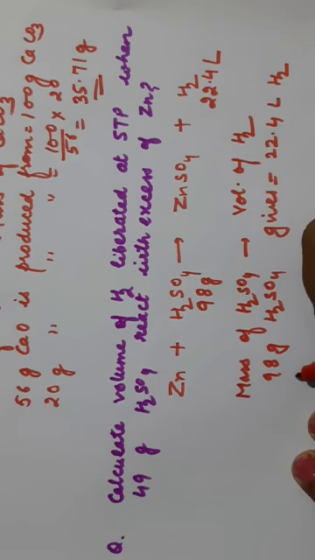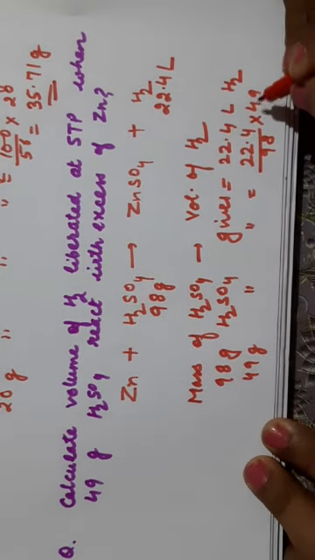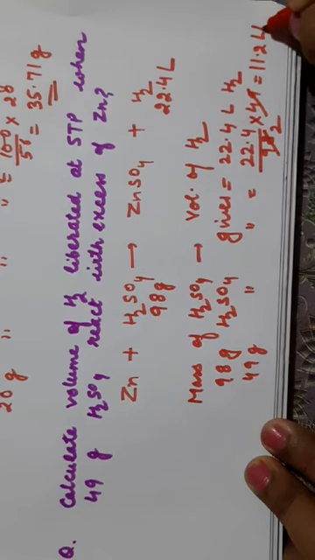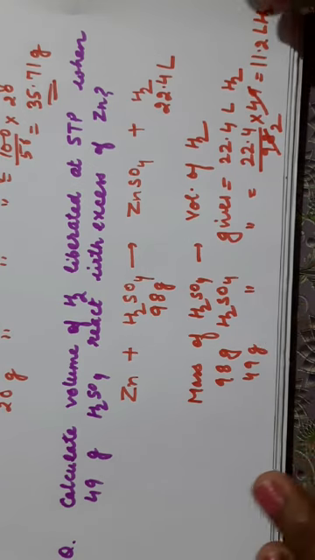Clear? So 49 gram of sulfuric acid will give 22.4 upon 98 into 49. It will cancel out. You will get 11.2 liter of hydrogen obtained from 49 gram of sulfuric acid at STP.